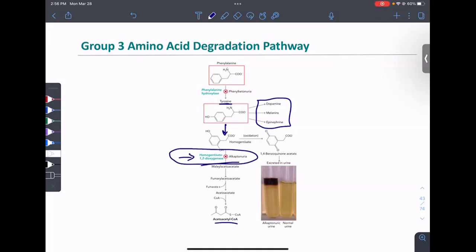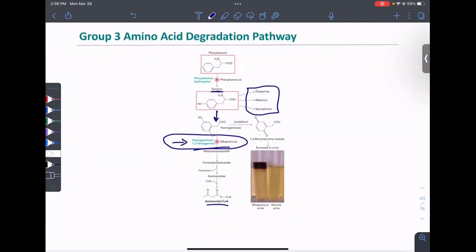If you have a defect in this one, the intermediate is going to get oxidized and then released in the urine, and it actually turns the urine black. So you have this really cool visualization. It also leads to arthritis and that kind of stuff, but it's not terrible.